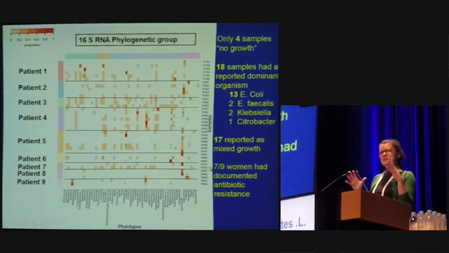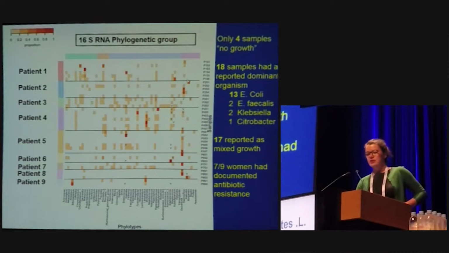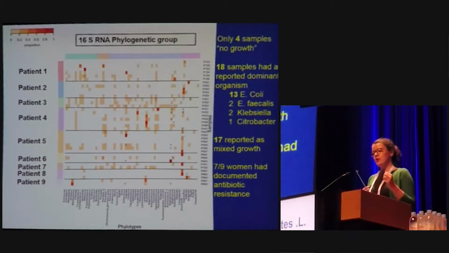So while this is a really busy slide, what this shows is we've got the patients down this column here, and each line represents a different urine sample. And across this axis is the actual bacteria that was sequenced by the 16S ribosomal phylogenetic group. Of the routine microbiology, only 4 of these samples had no growth, 18 samples had a reported organism, of which 13 were E. coli, as you can see in this column.